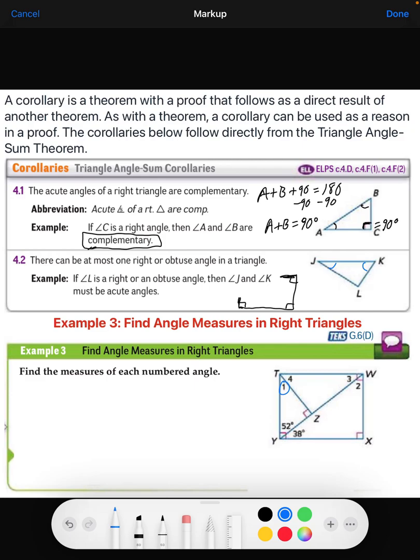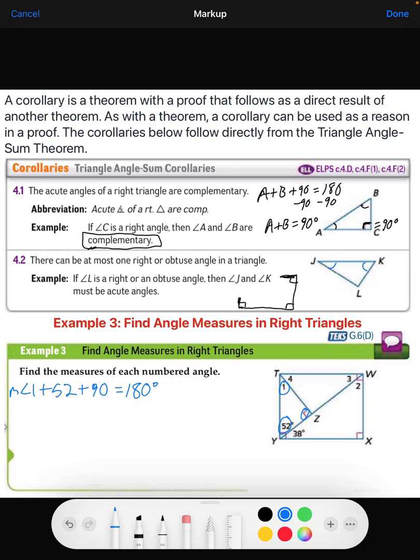So we know that this angle plus 1 is going to equal 180 degrees. So 1 plus 52 plus 90 equals 180 degrees. And I'll say the measure of angle 1, so we know it's the one we're solving for.